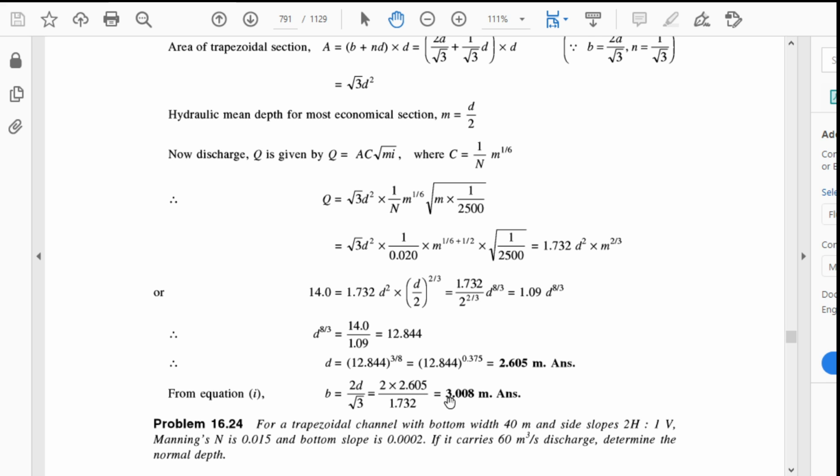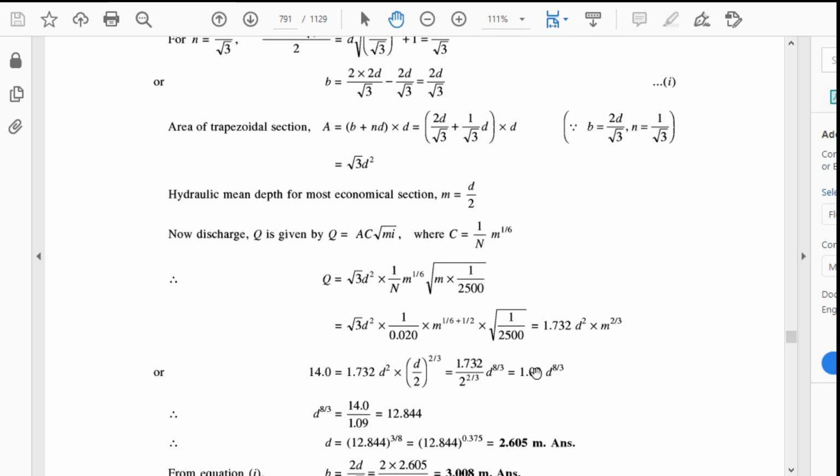Okay, 3.0008 meters is the bed width of your trapezoidal section, and the depth is 2.605. If they ask to find the perimeter, how are you going to find it?